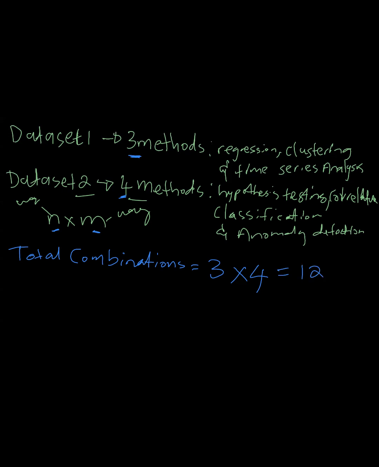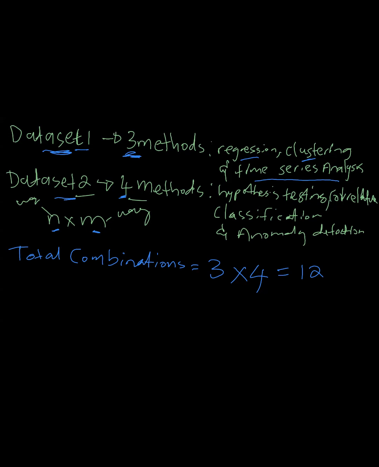Let me expound on it a bit and explain. Each analysis method for data set one can be paired with an analysis method for data set two. You have three choices for analyzing data set one: regression, clustering, and time series analysis.